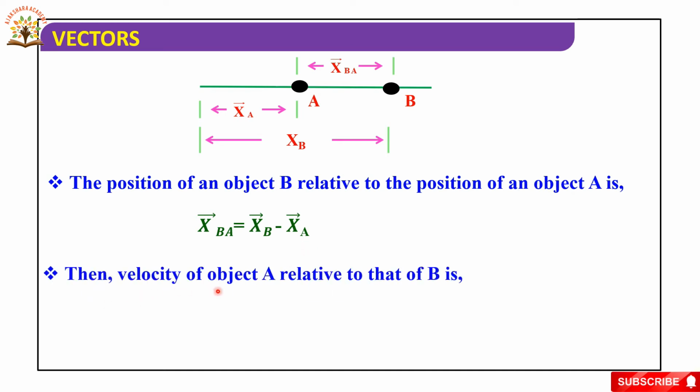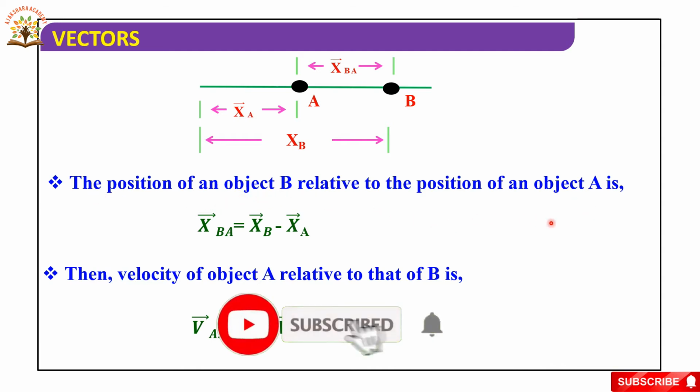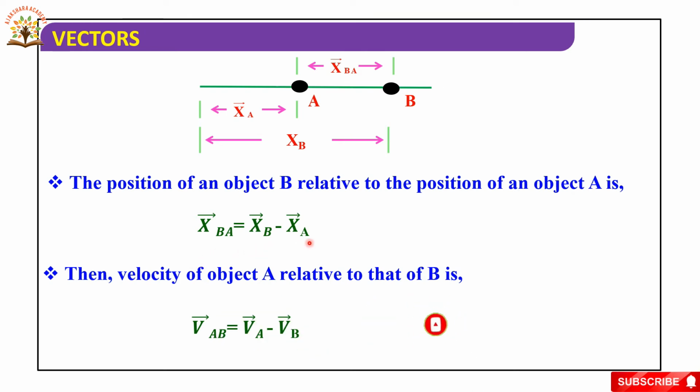Then the velocity of object A relative to that of B is V A B bar equals V A bar minus V B bar. Next.